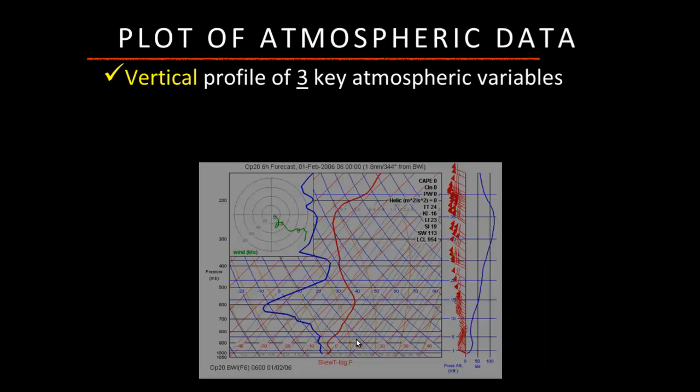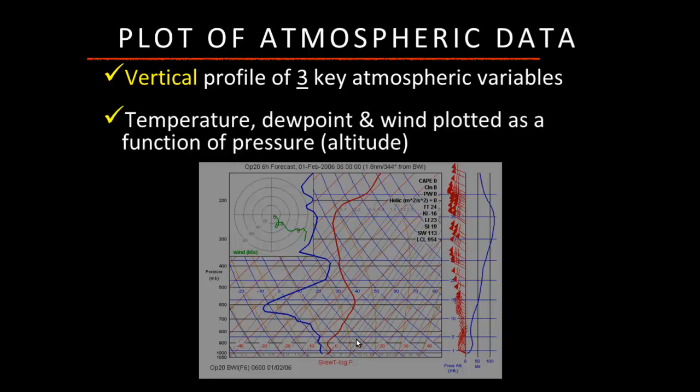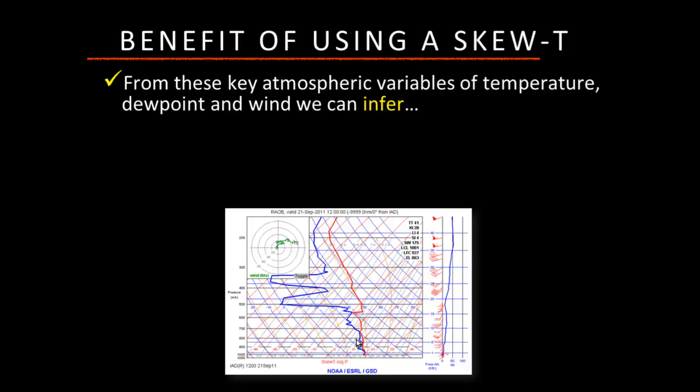Okay, so the SKEW-T diagram provides a plot of atmospheric data, specifically 3 key variables that include temperature, dew point, and wind, all plotted as a function of pressure or altitude. From these 3 variables, we can infer a lot of things.